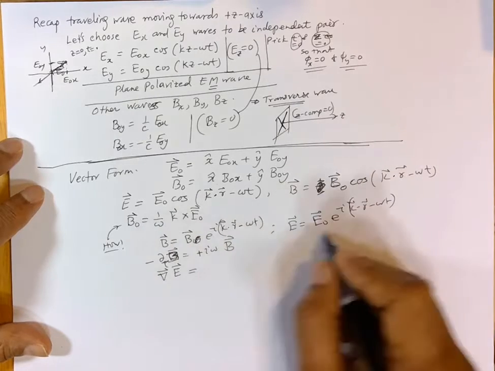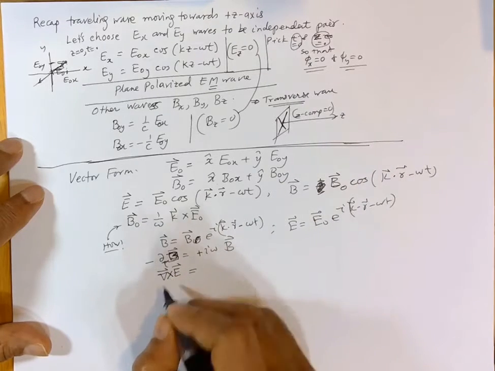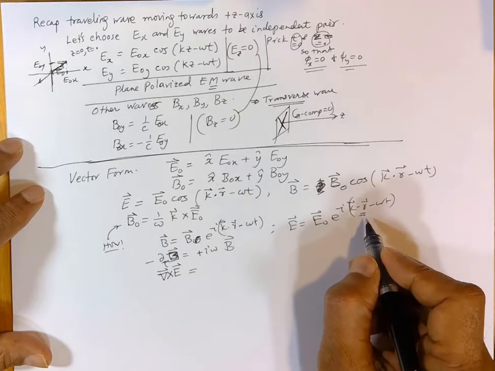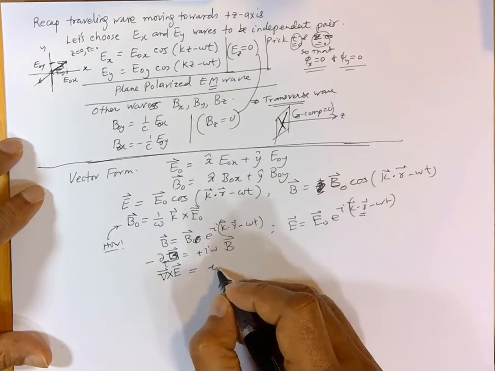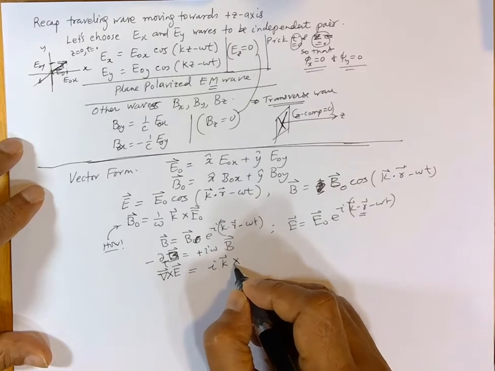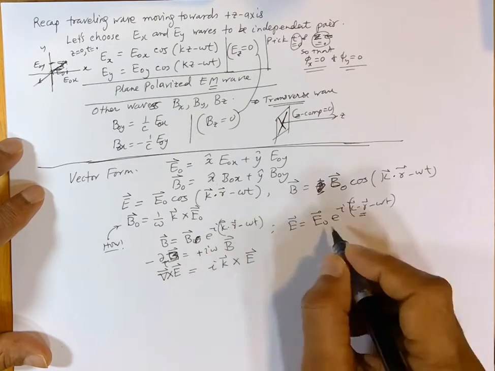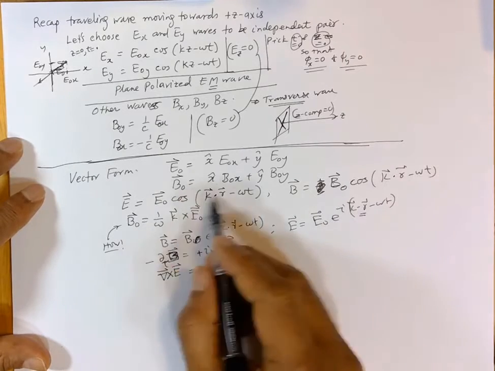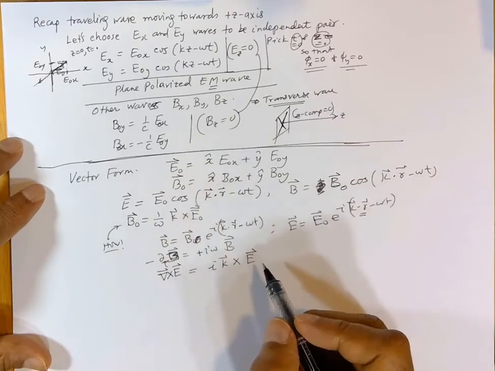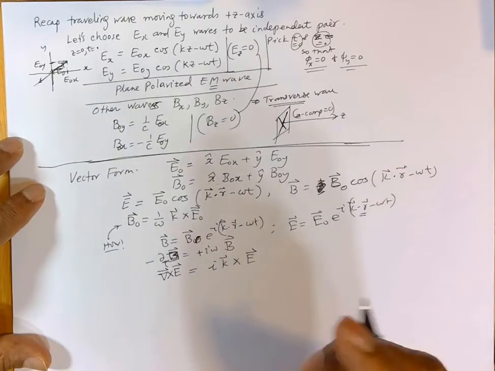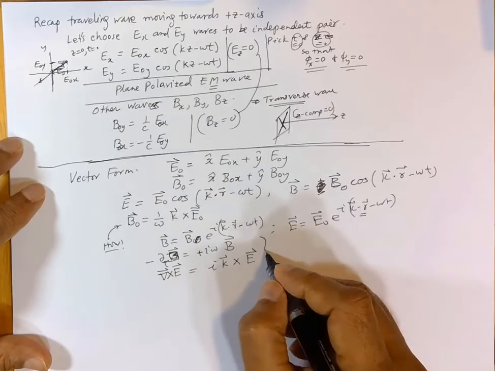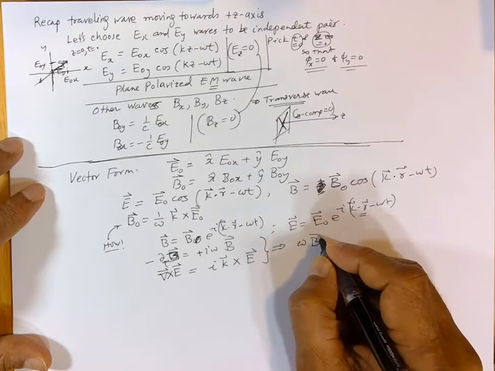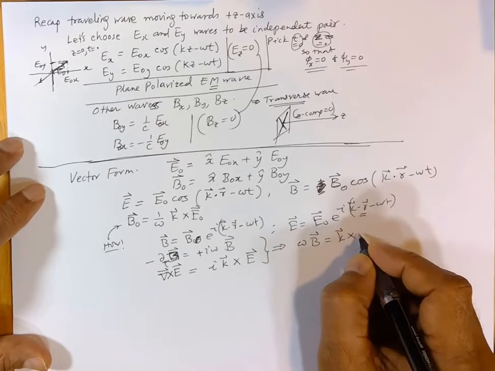If I take del cross of that, when del hits the r, it brings down i k, and the exponential is left alone. So unlike working with cosines and sines, where cosine goes into sine, you just get the same thing back. So when you equate them, you get omega B equals k cross E.